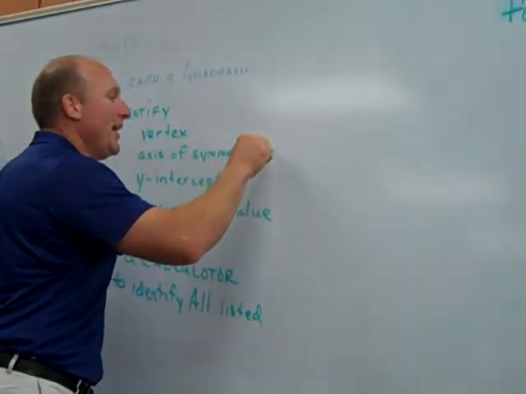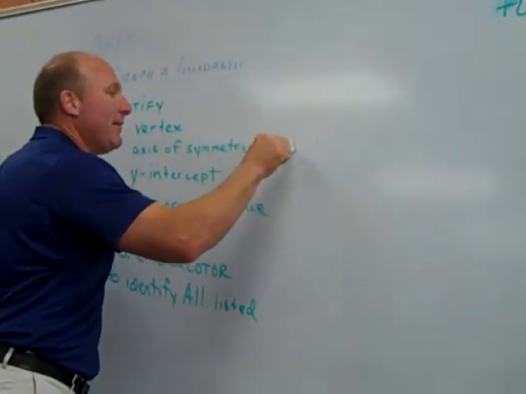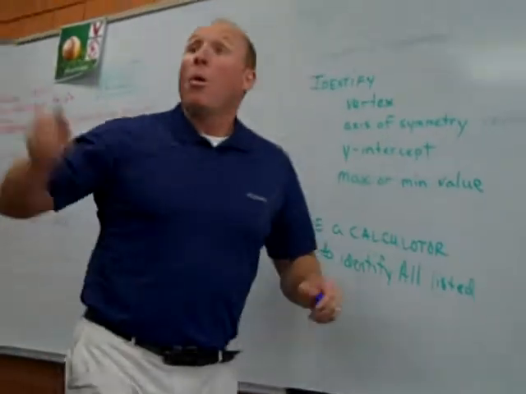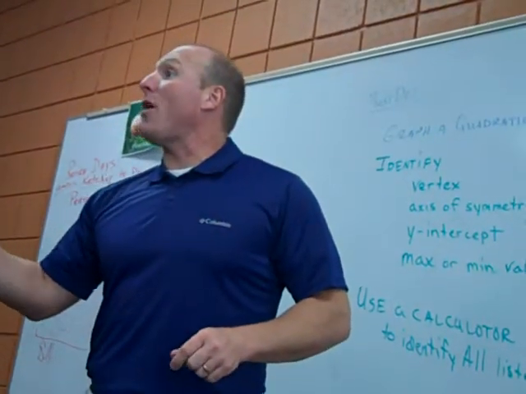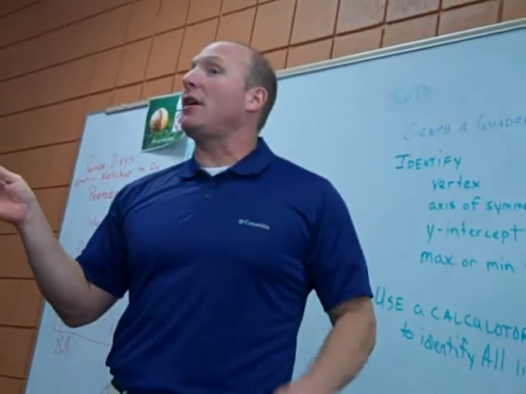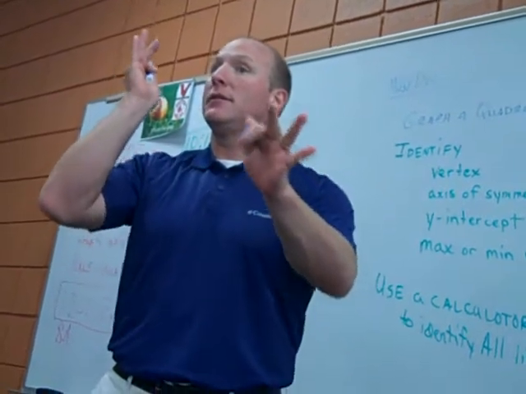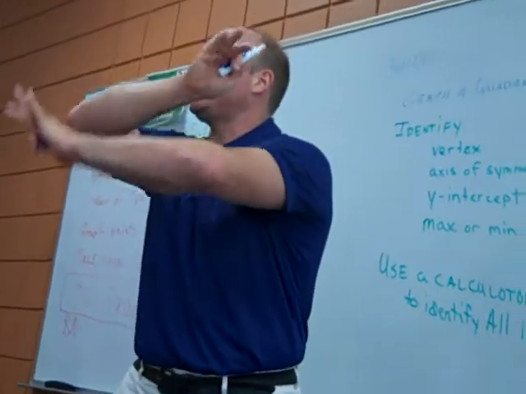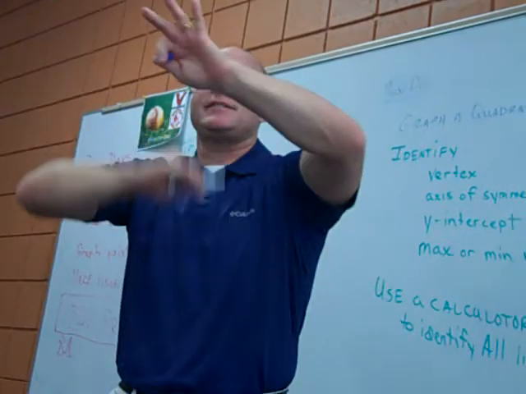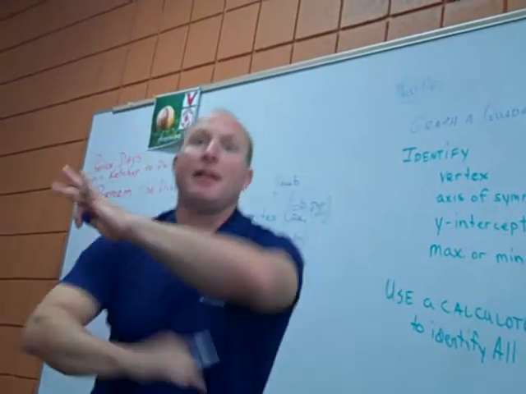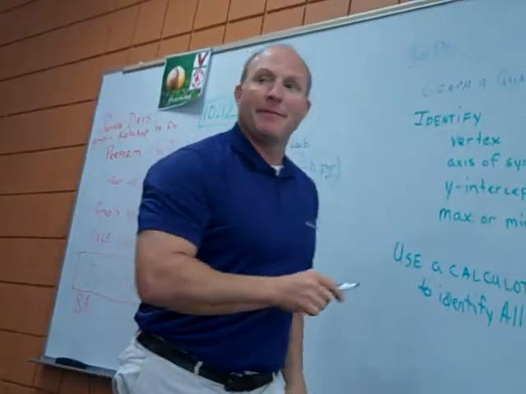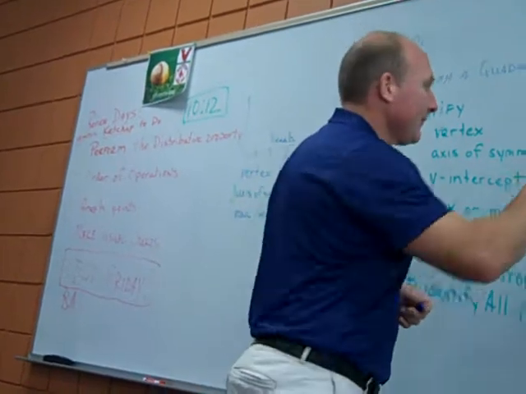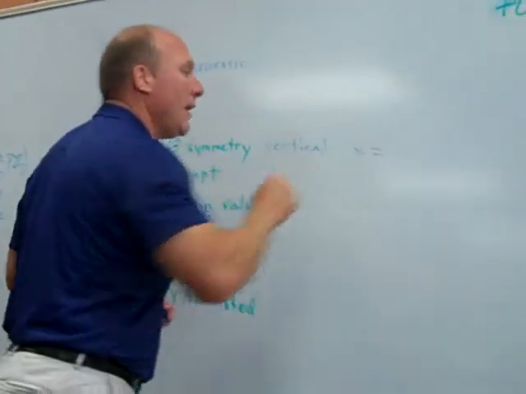So if I hear the term axis of symmetry, I'm thinking vertical. What do all vertical equations start with? X equals. So this will be X equals all the time.